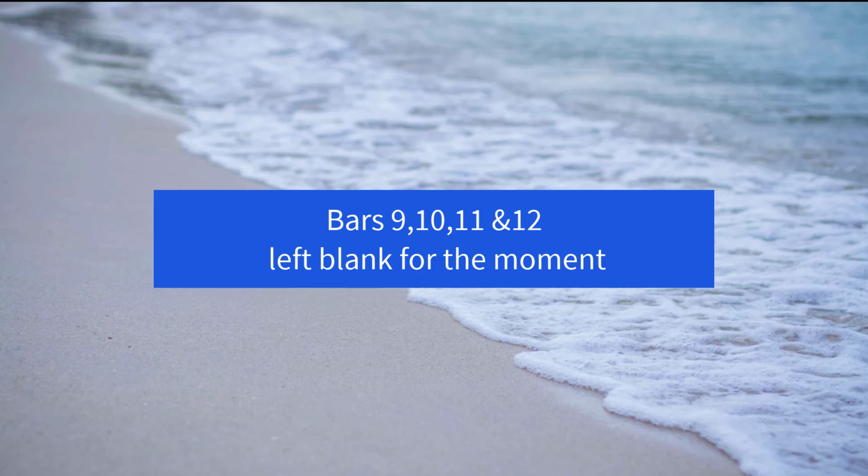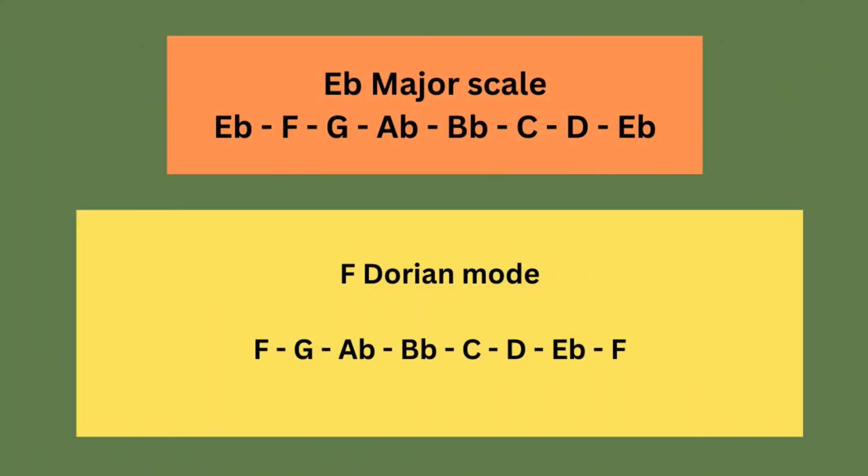Next we're going to harmonise the F Dorian motif, and we'll be using the same process that we did for the C minor. Let's take a look at the motif. The first note in the F Dorian motif is F, so I'm looking for the fifth of F, which is C, and then I place that C below the melody note.